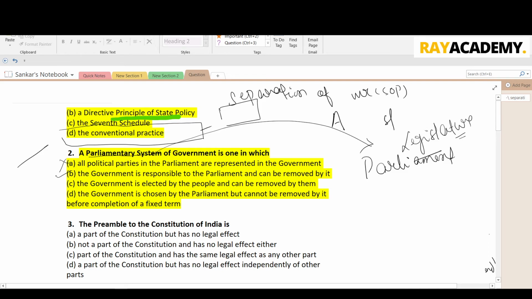Option C is the government is elected by the people and can be removed by them. The answer is no. First of all, the government is elected by the people, which is correct. But can they be removed by the people?